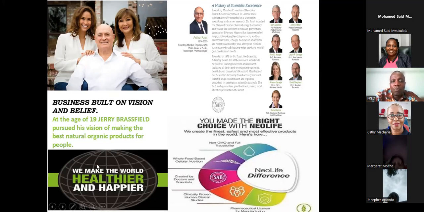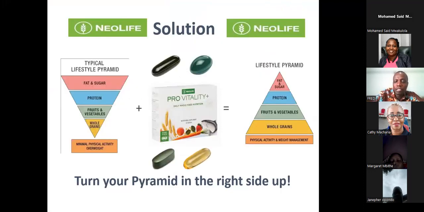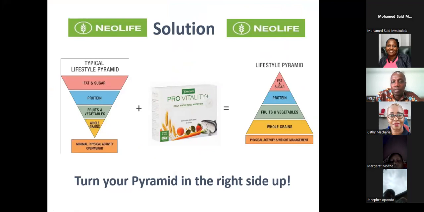And that is why the final product you get from Neolife is actually a natural and organic product whereby you cannot even overdose on it, because it's made from natural, wholesome food ingredients.